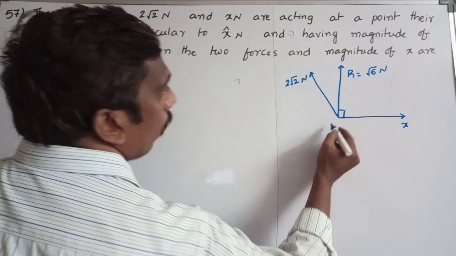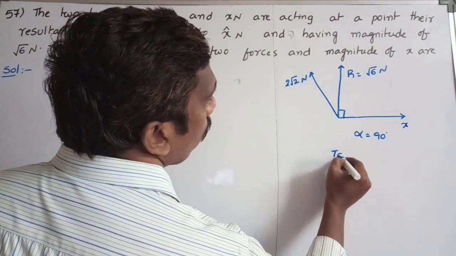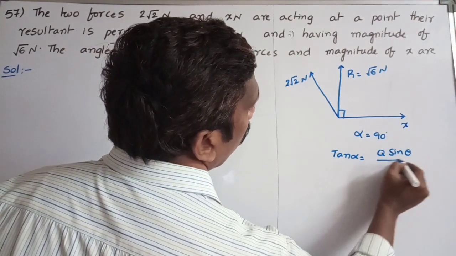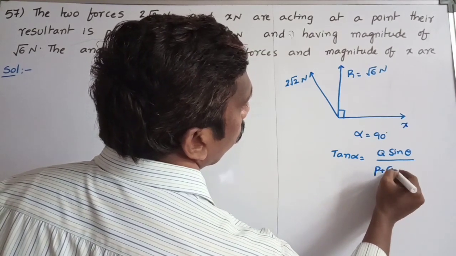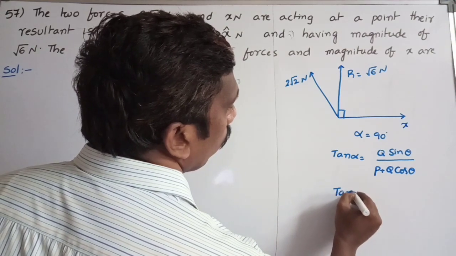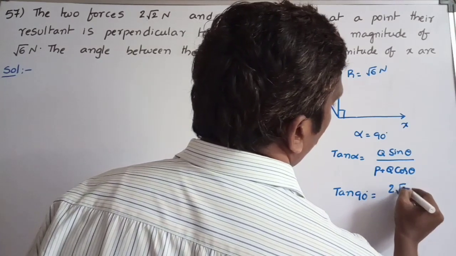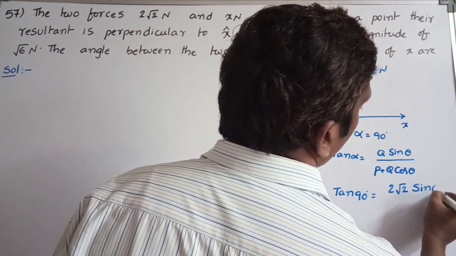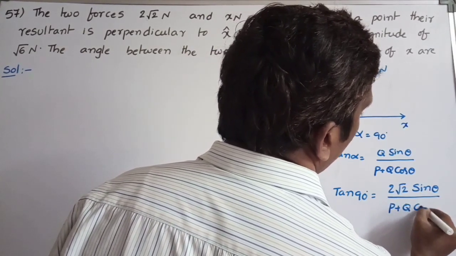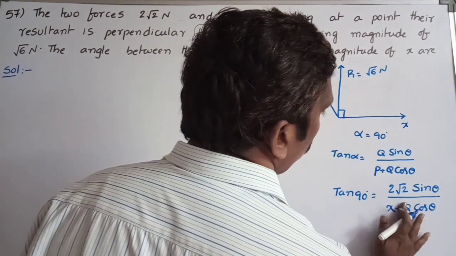From this we can write alpha is equal to 90 degree. Tan alpha is equal to, we know the formula, Q sin theta by P plus Q cos theta. Alpha equal to 90 degree, so tan 90 degree is equal to Q, that is 2 root 2 into sin theta by P plus Q cos theta. But P is equal to x, and Q is equal to 2 root 2.